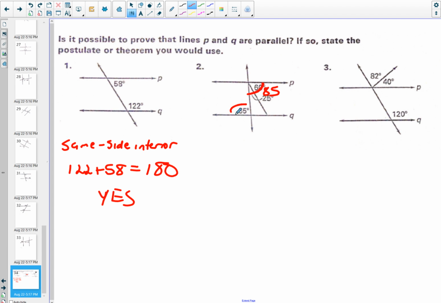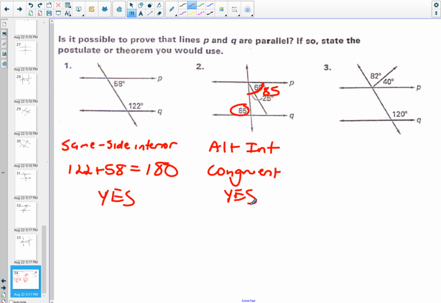Down here, I also see an 85. What's the relationship there? Those are alternate interior. If the lines are parallel, what should be true about alternate interior angles? They should be congruent, and they are. Because 85 is the same as 85, this would also be a yes. You do have enough to prove it.